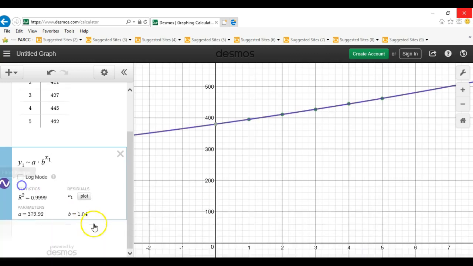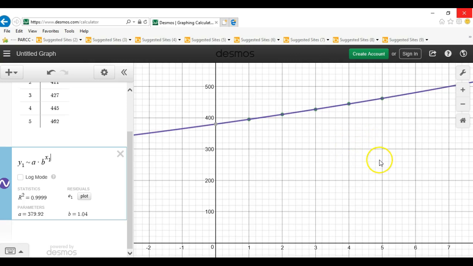Let me hide my keypad now, and you can see now I have my A value and I have my B value. And even if you use the TI-83 or 84 or Inspire, you will see that you get the same A value and B value.